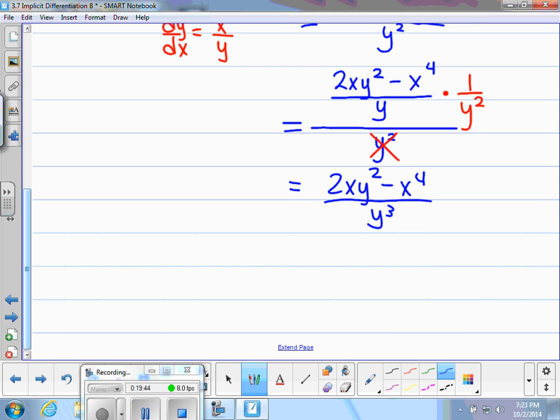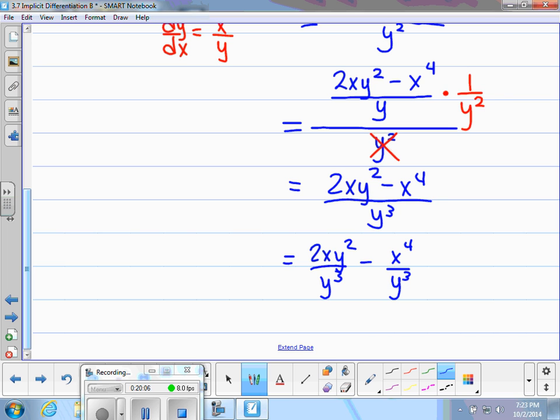Okay, so that right there is my second derivative. I can simplify this. I don't know that it looks any better. You could split it up, 2xy squared over y cubed minus x to the fourth over y cubed.